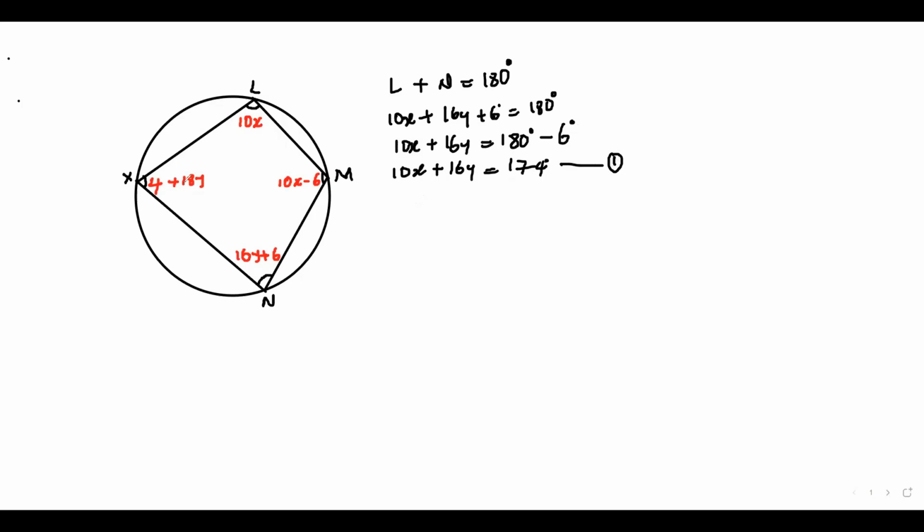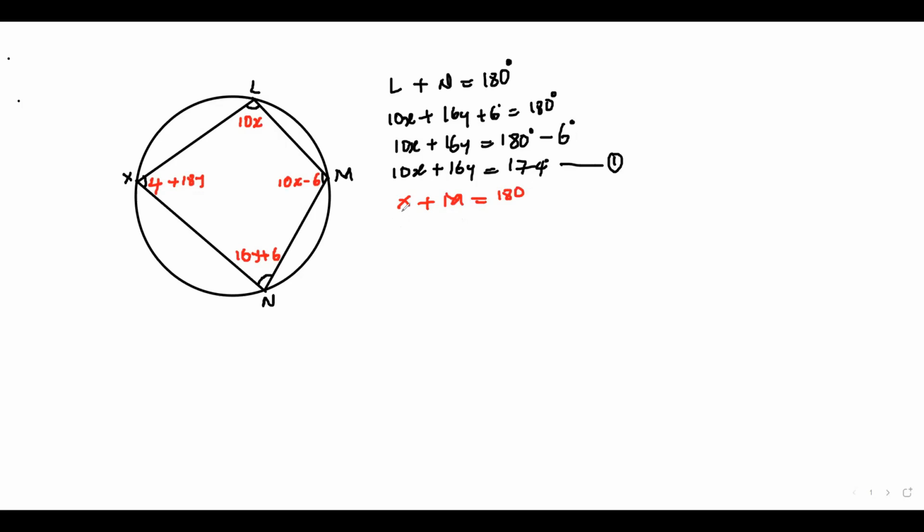Beautiful. Now, for the second equation, let me use a different color. For the second equation, what we are doing here is adding angle X plus angle M, and we're equating to 180. All right.